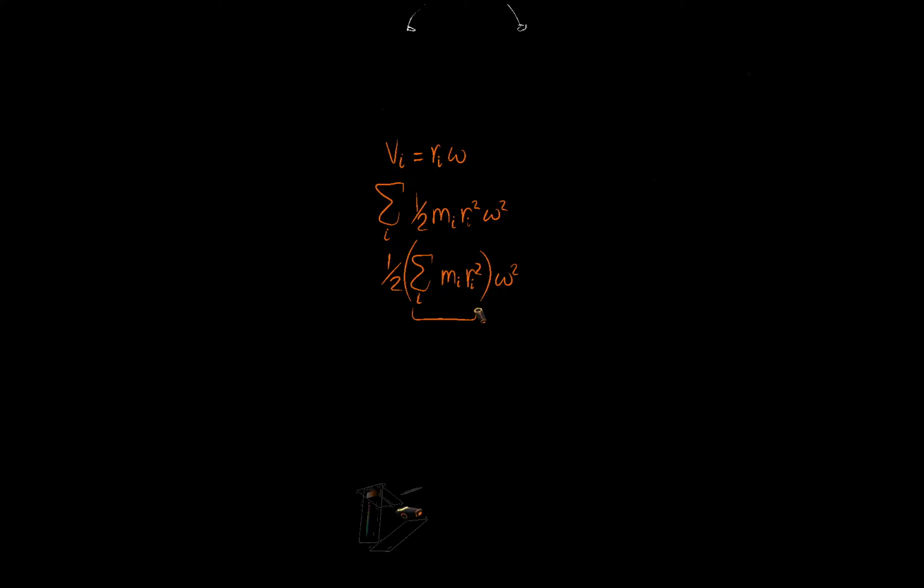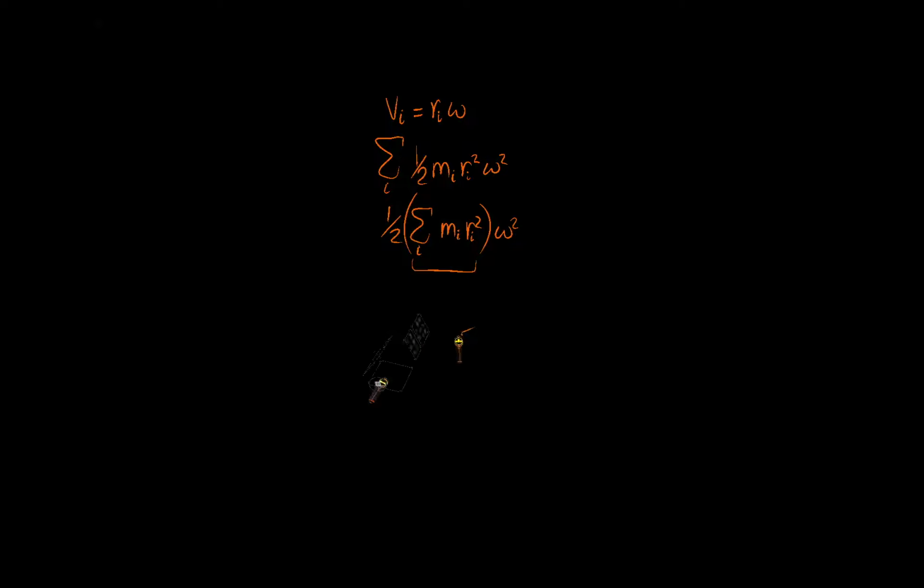So this quantity here, and that's denoted by I. So I is equal to the moment of inertia, and it's for a specific body at a specific rotation axis. So it's the summation over i of all the particles that make up the object, m sub i r sub i squared.